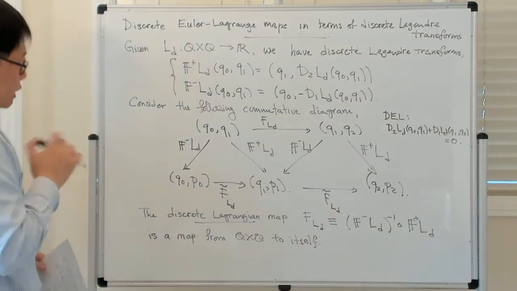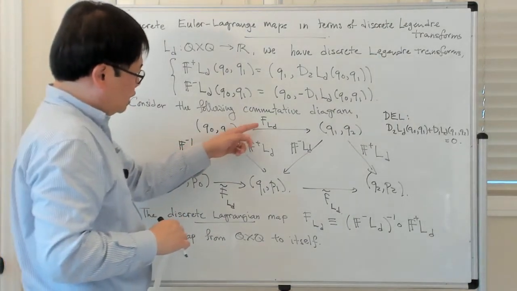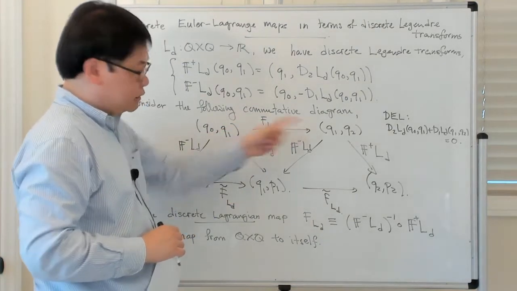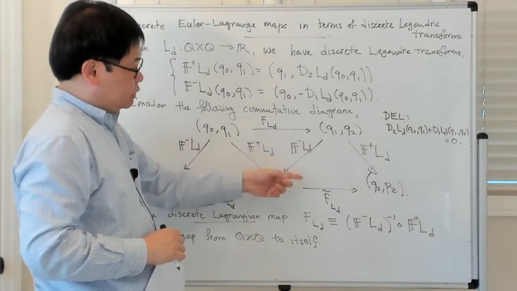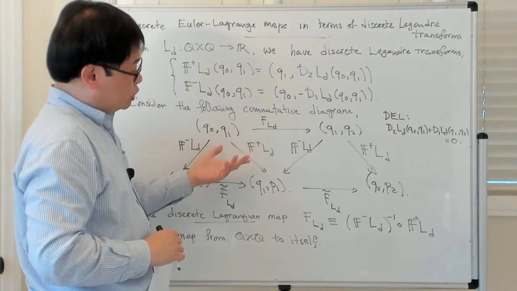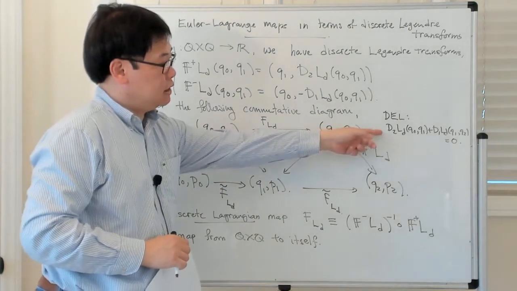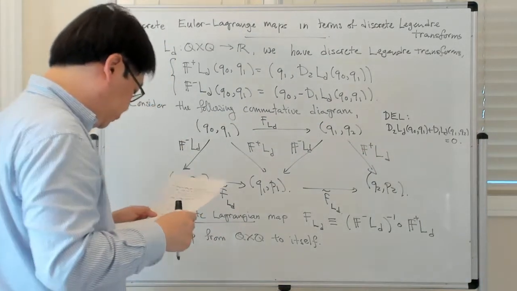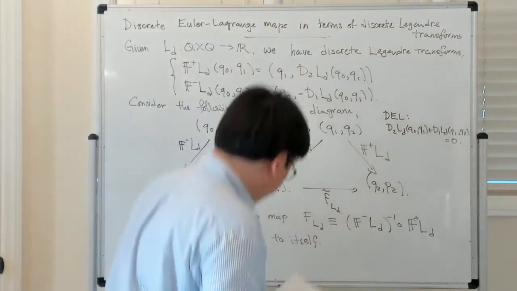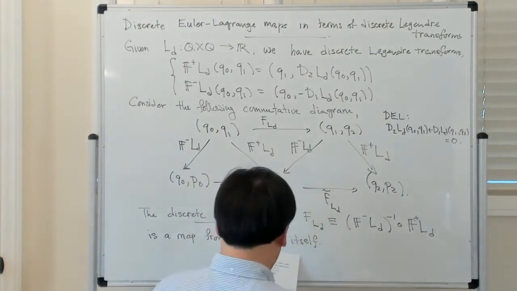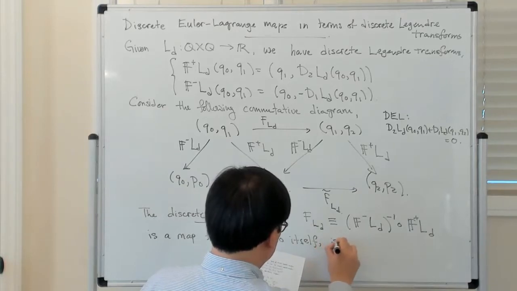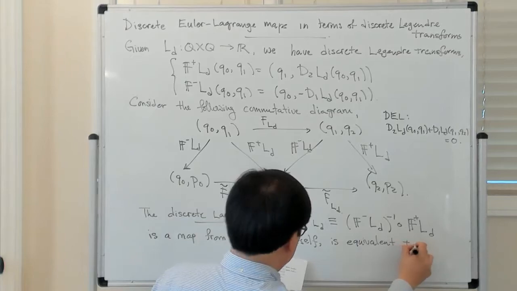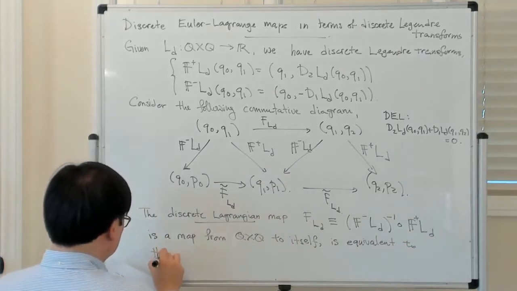The claim then is that this discrete Lagrangian map, which I defined by making this diagram commute in terms of all these discrete Legendre transforms, is equivalent to the discrete Euler-Lagrange flow. That's basically what we want to show.